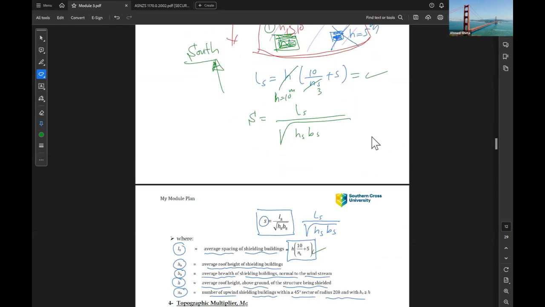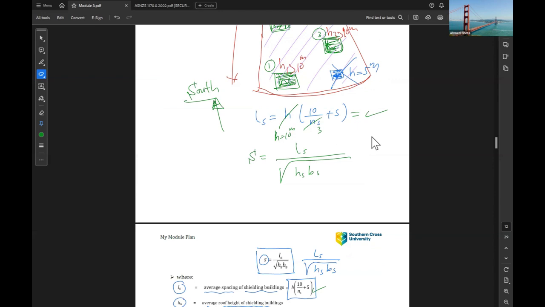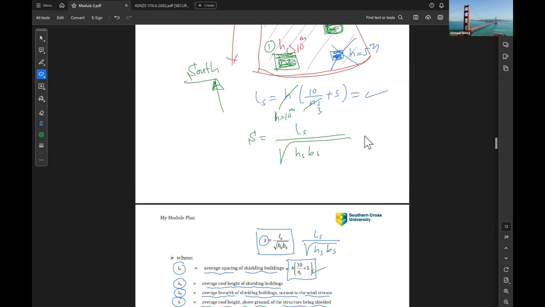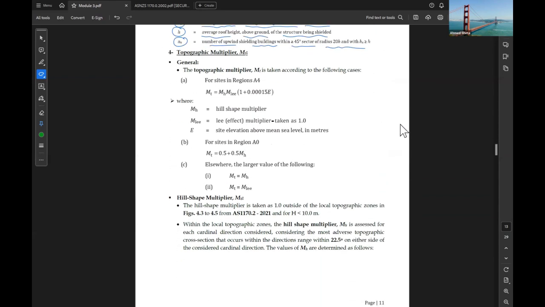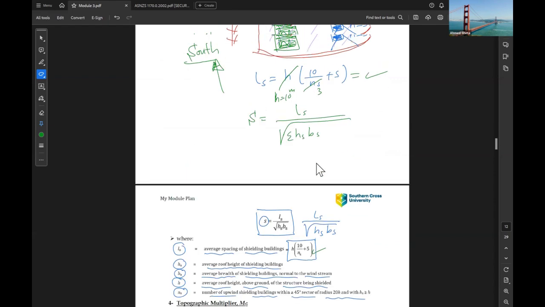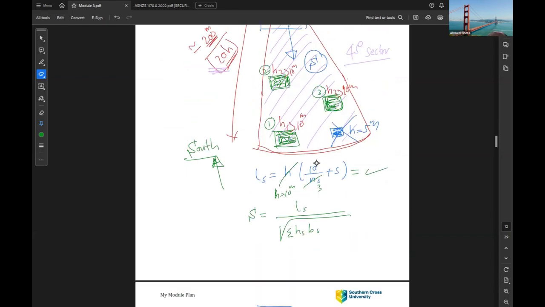So if we have more than one building, this will be a summation. For example, if we have BS1 equal to 20 meters, BS2 15 meters, and BS3 18 meters, for example.